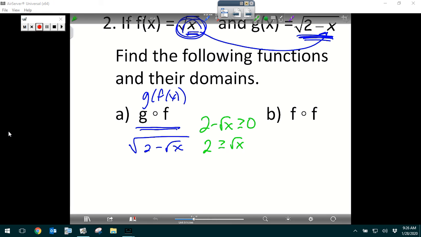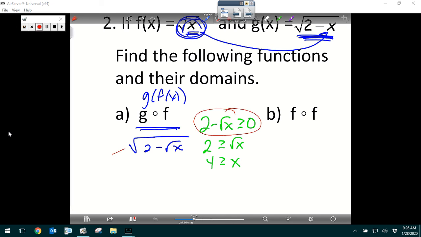It's kind of weird with a radical, but we can think about squaring both sides. So basically I've got x is less than or equal to 4. Okay, that works for this piece of it.